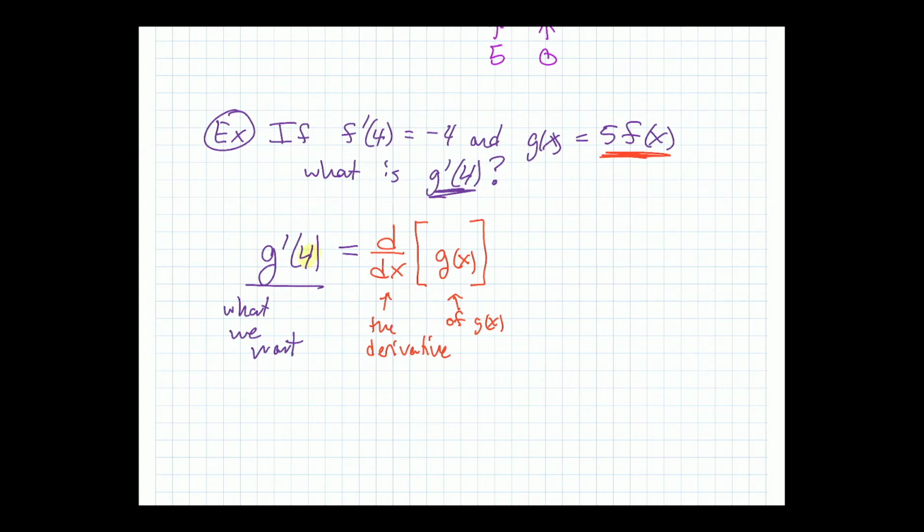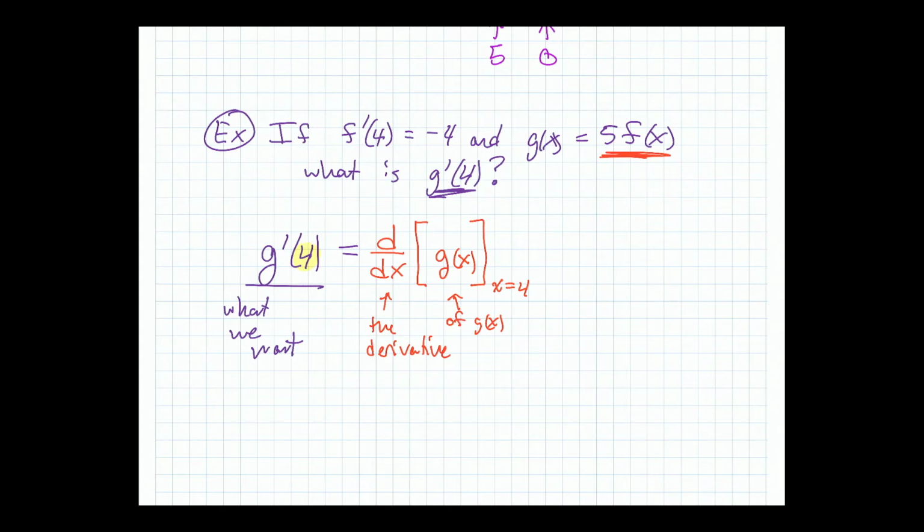But how are you going to write the 4? Where do you write the 4? In this notation, you would write the 4 like this. If you want to say at 4, or evaluated at x equals 4, you just have to put it here, kind of like where a subscript would go.